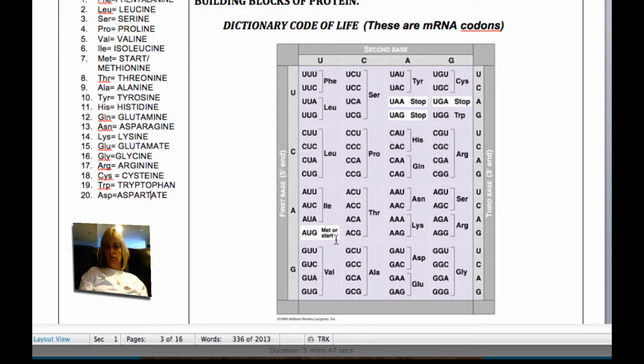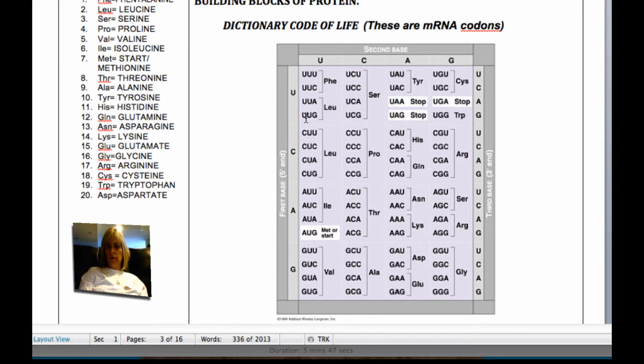AUG is the MET. It codes for the amino acid MET, the start codon. So the first base is found on the side, the second base across the top, and the third base across the right-hand side. That's how you do it.